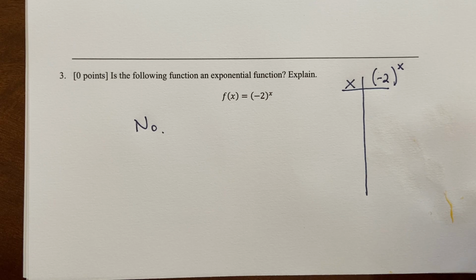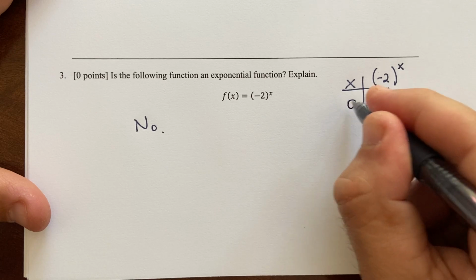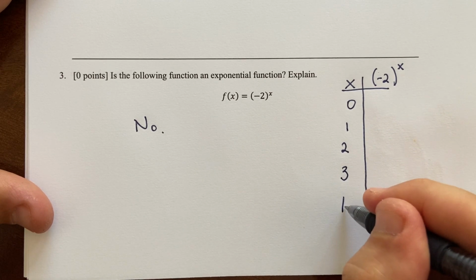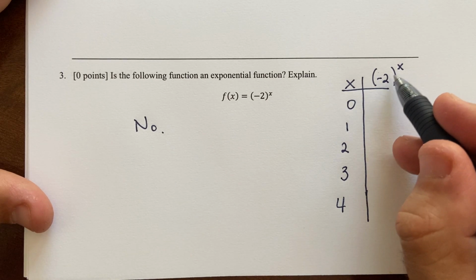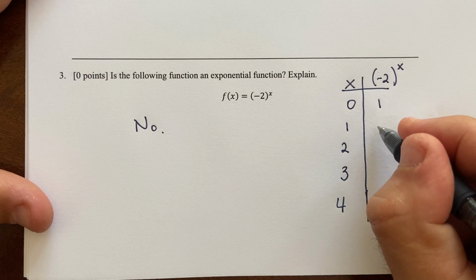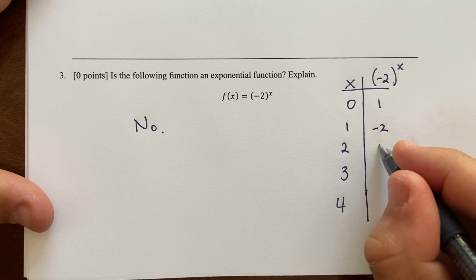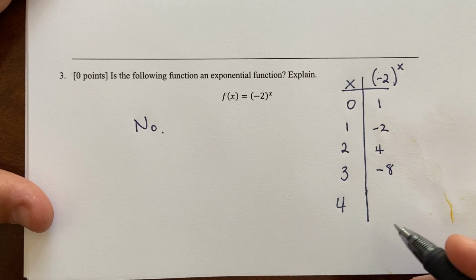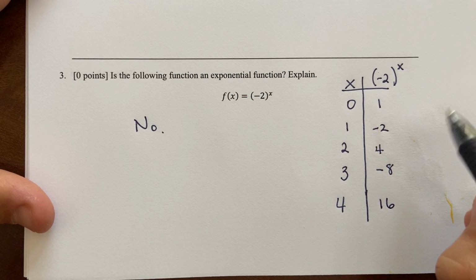So imagine I chose, let's choose just 0, 1, 2, 3, 4. Plugging in a 0, I'd have -2 to the 0, that'd be a 1. -2 to the first, that'd be -2. -2 all squared, that would be +4. -2 to the third, that would be -8. -2 to the fourth, that would be +16.